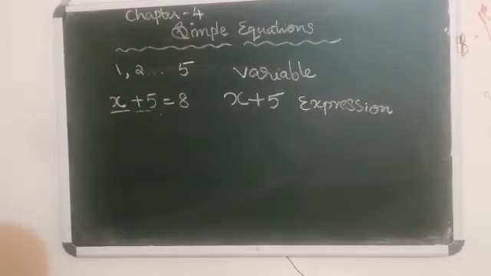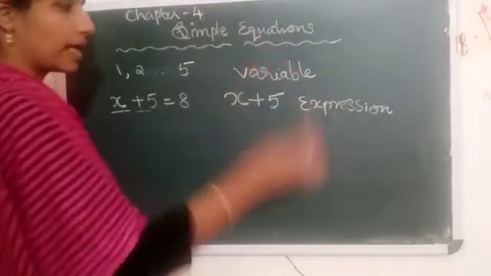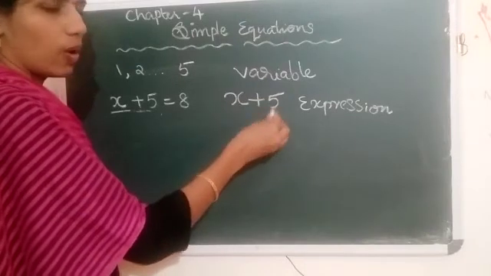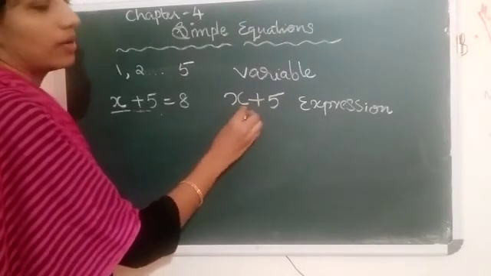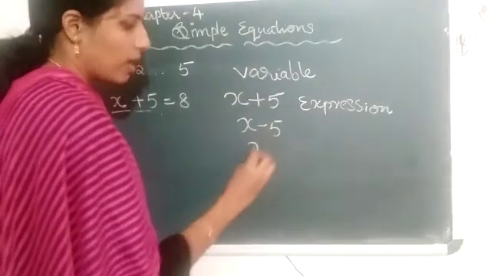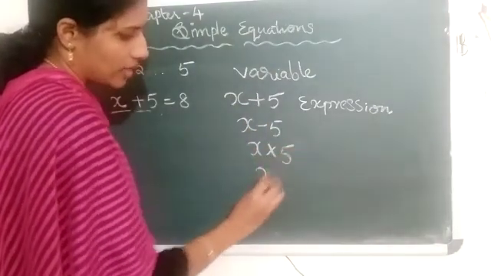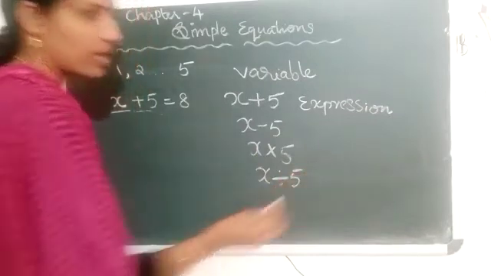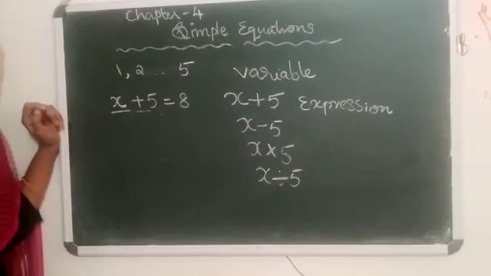Variables are usually denoted by letters of the alphabet, as I told you. Expressions are formed by performing operations like addition, subtraction, multiplication and division on the variable. For example, X minus 5, X into 5, X divided by 5 are all examples of expressions.